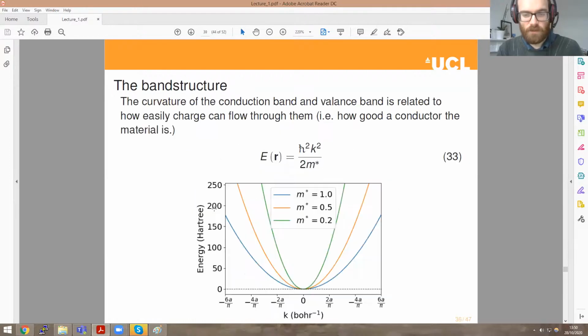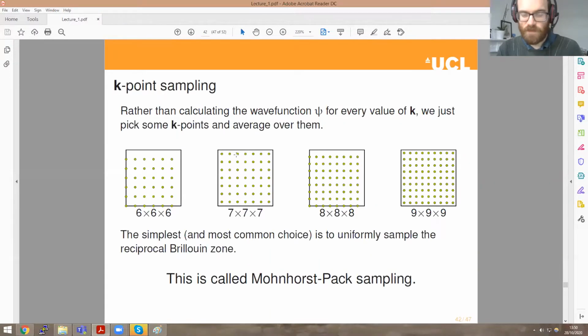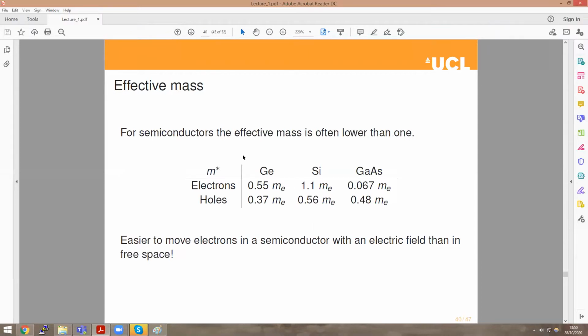At each of these k points that I've sampled, I just have an energy spectrum, discrete values of energy that are allowed and could contain electrons. Is that any clearer? Yeah, I think that makes sense. Thanks. Great, glad to hear it, Jack.